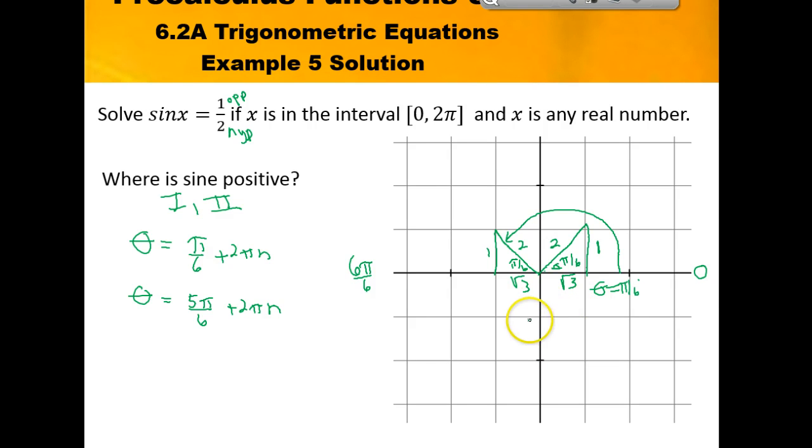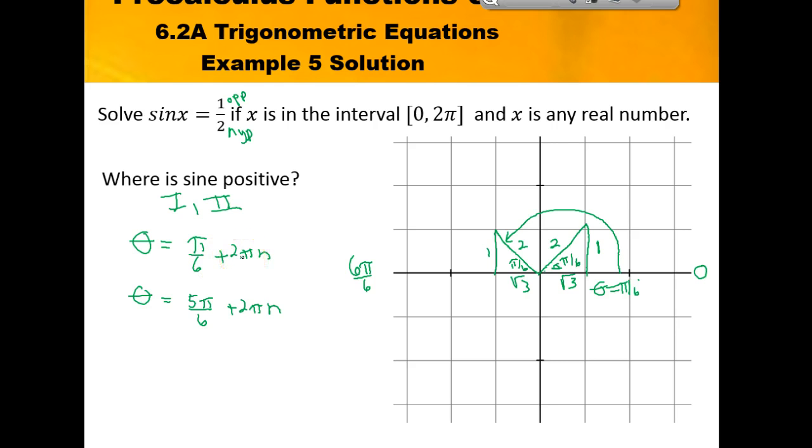So first of all, these answers are only the 0 to 2 pi answers. So let's just look at these a second. When n equals 1, I'm going to get 2 pi plus pi over 6.